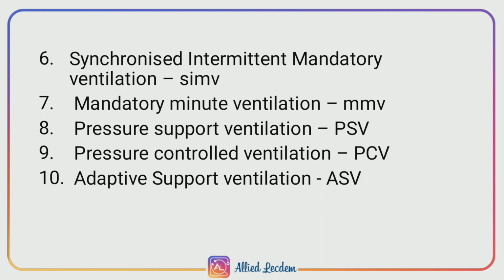In this mode, the ventilator delivers the preset mandatory breaths. However, these breaths are synchronized with the patient's spontaneous breath. Seventh, mandatory minute ventilation. Here, the clinician will set the approximate minute ventilation for the patient and the ventilator will deliver it mandatorily.